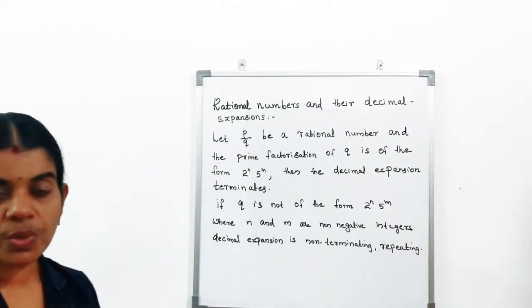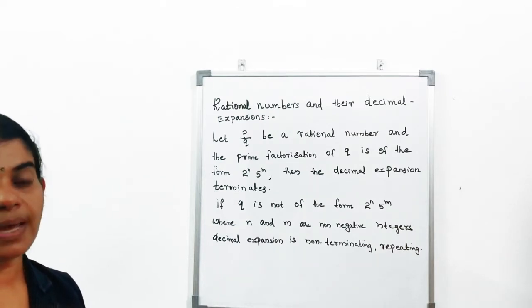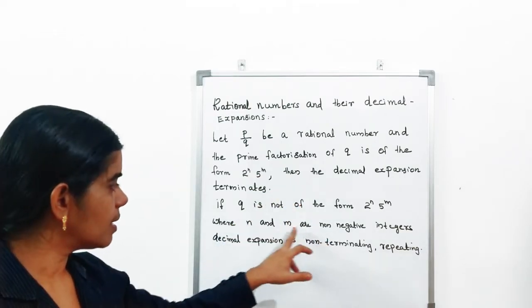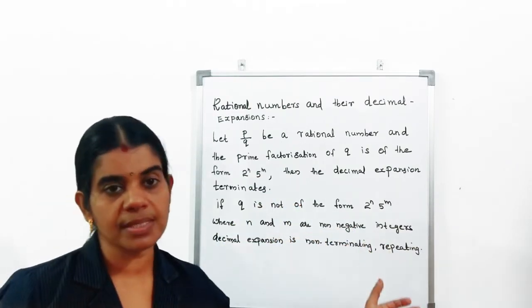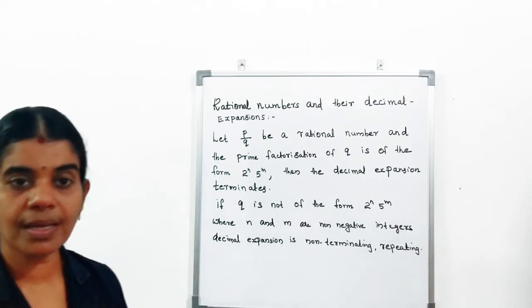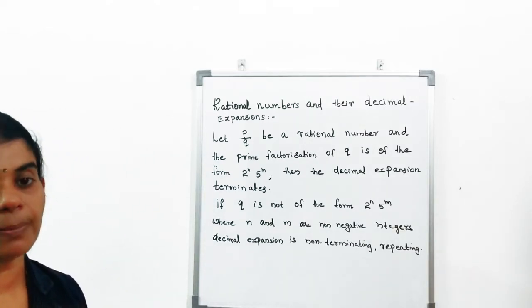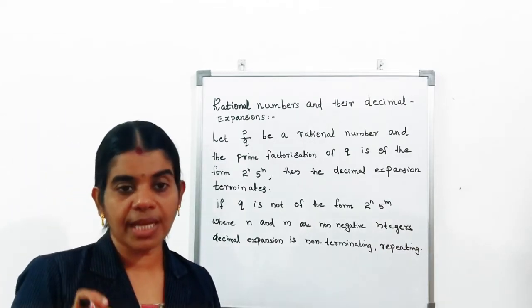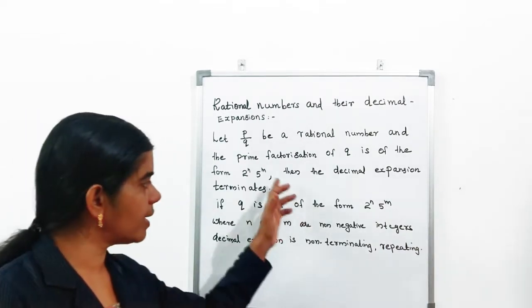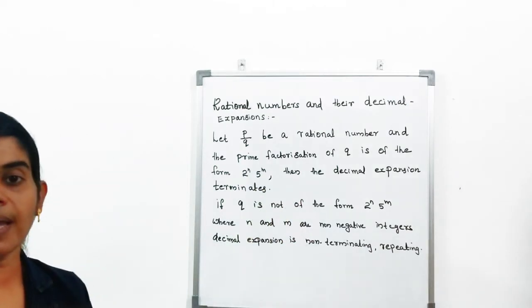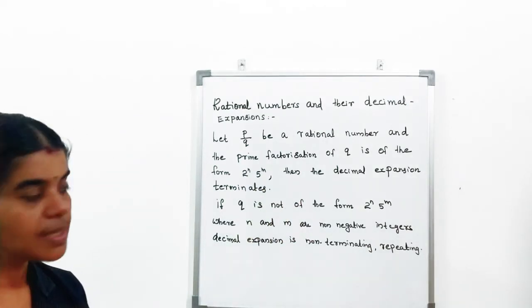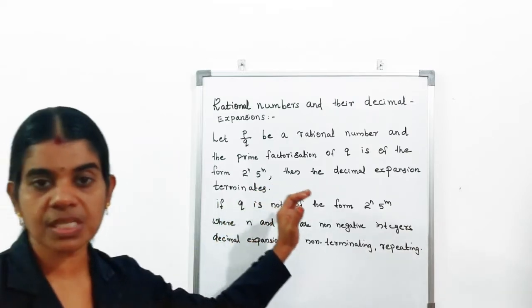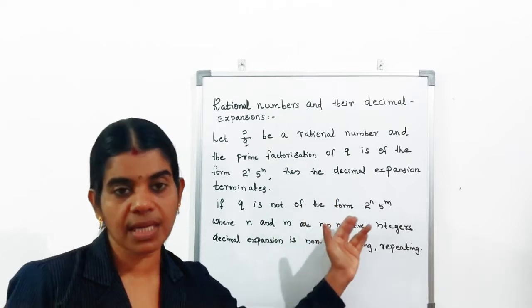If the factors you are getting are 2 and 5 only, where n and m are any non-negative integers, negative is not possible, any number 1, 2, 3 like that, then that decimal expansion will be terminating, that means ending.